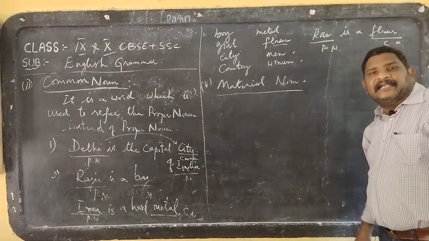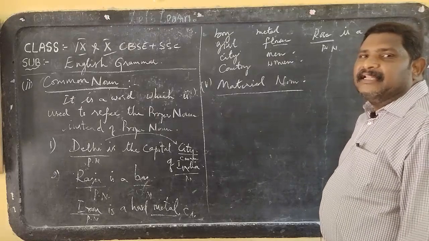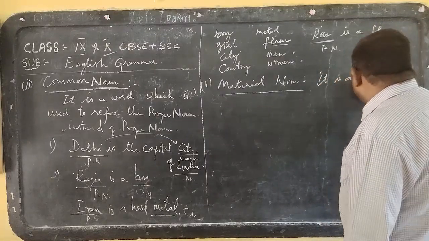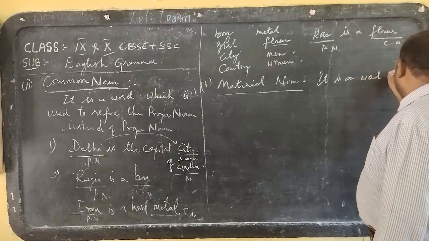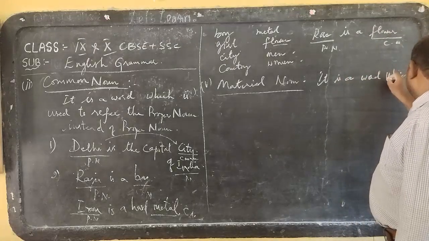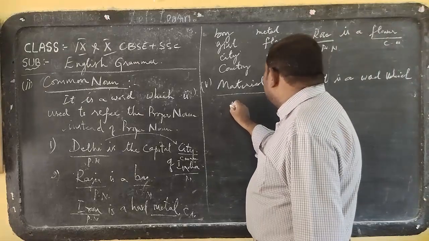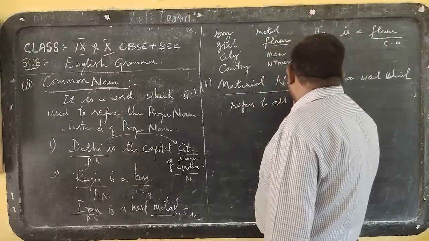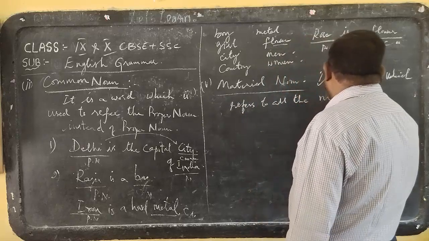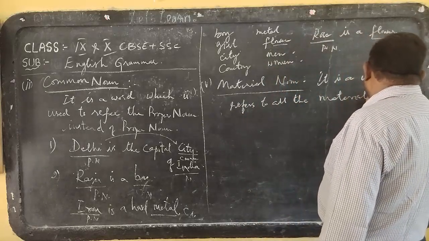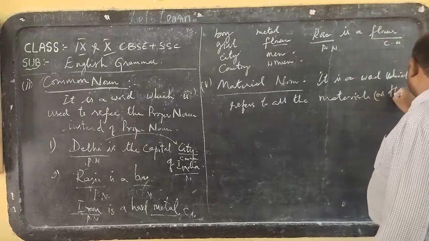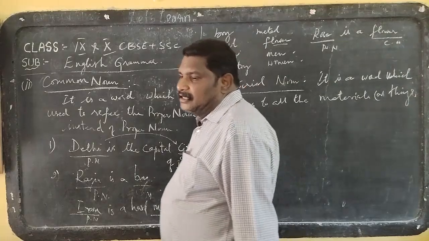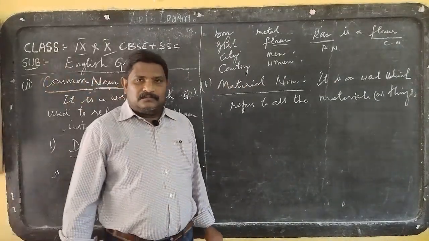We can understand by the title itself. What is a material noun? It is a word which refers to all the materials or things, that is called a material noun.